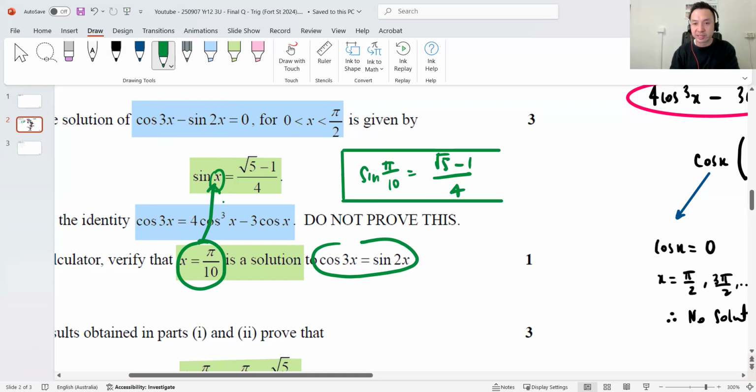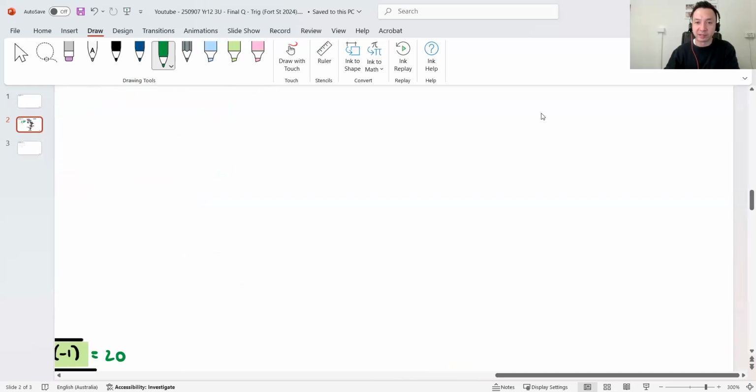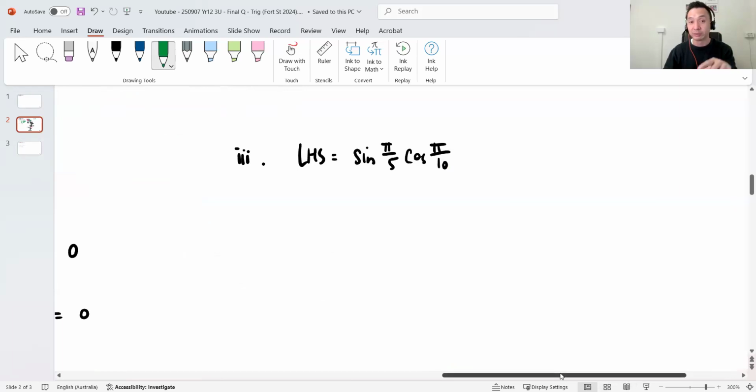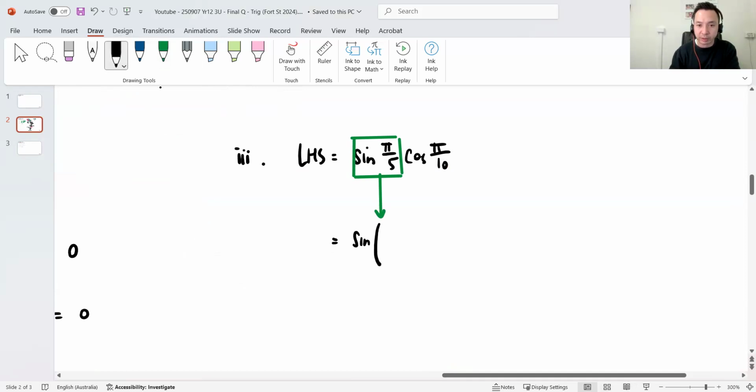So if that's the key, then I need to try to find expressions to make it sine pi on 10. Right now I have sine pi on 5, which is the double angle. So just to be clear, this guy here is equal to sine of the double angle, 2 times pi on 10, times cos pi on 10.